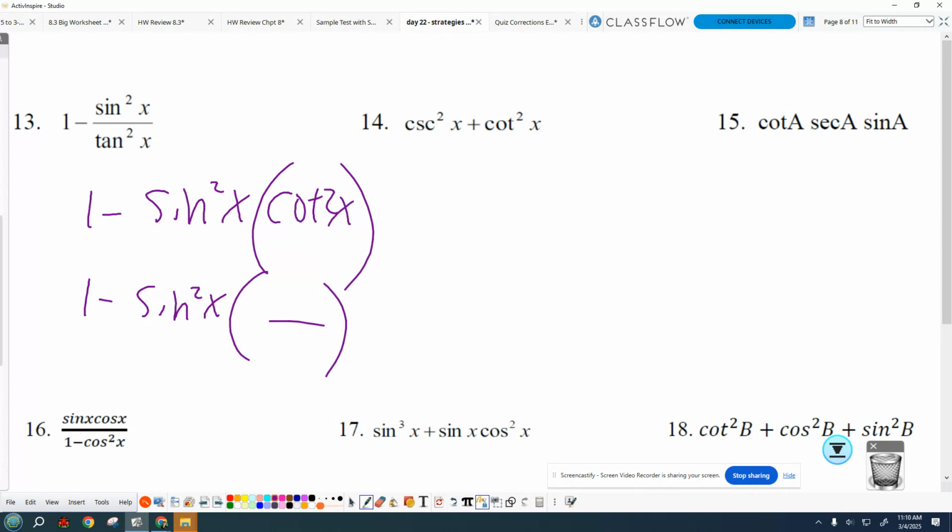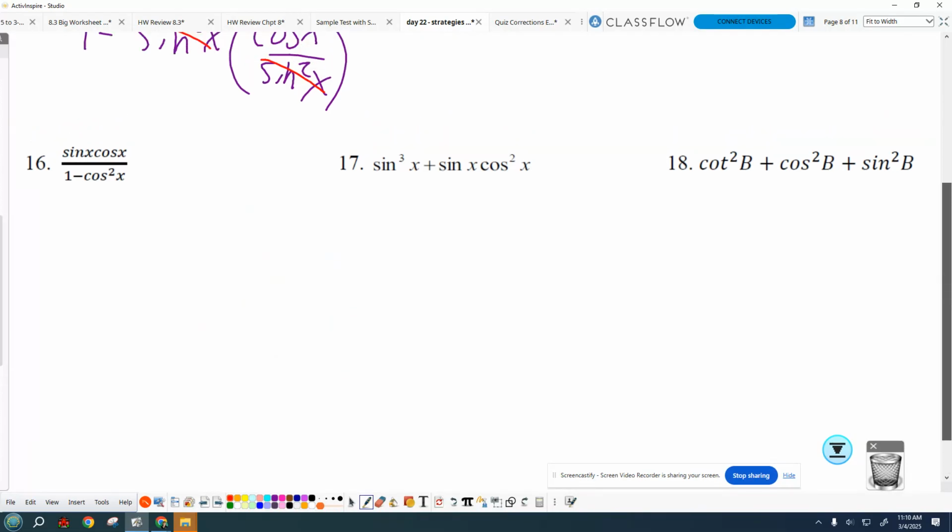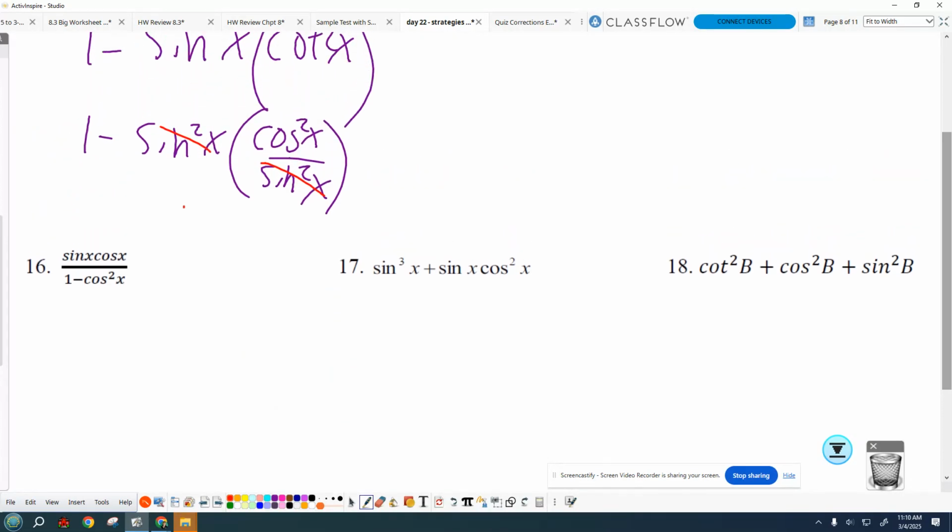It's cosine over sine, so this is cosine squared over sine squared. So this becomes 1 minus cosine squared over sine squared.